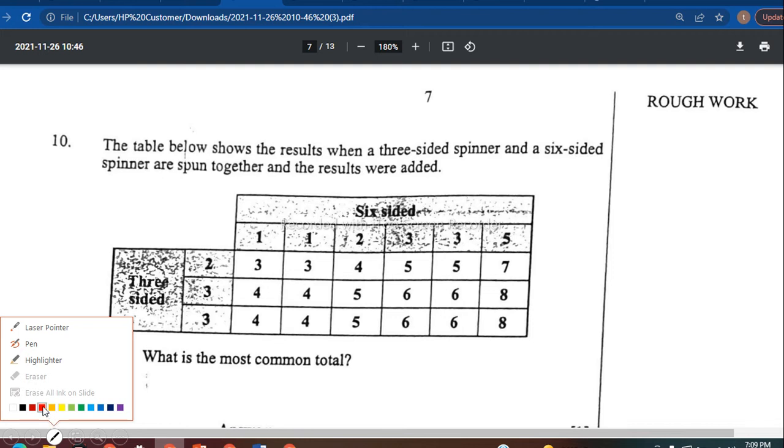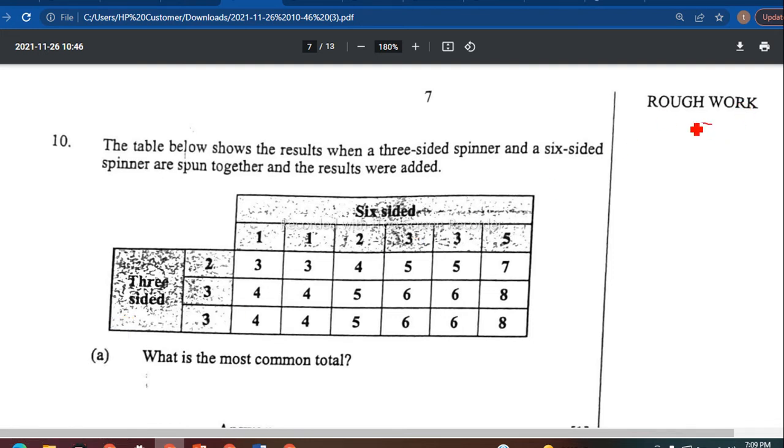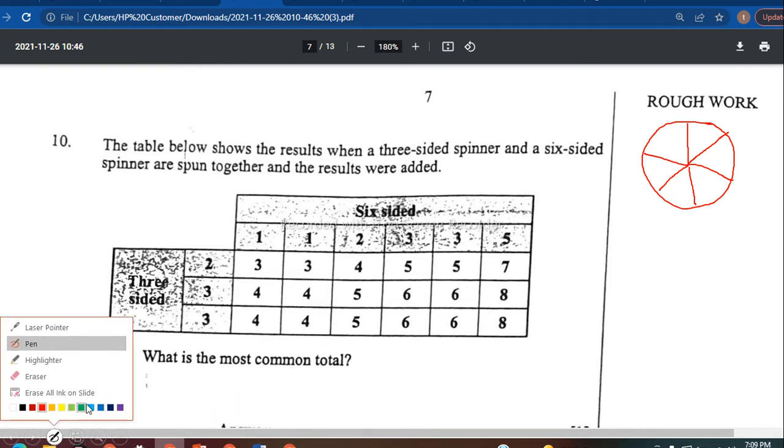The first one has 6 sides, so it's going to be something like this. 1, 2, 3, 4, 5, 6. This one has 6 sides. So what we're going to do is number it.